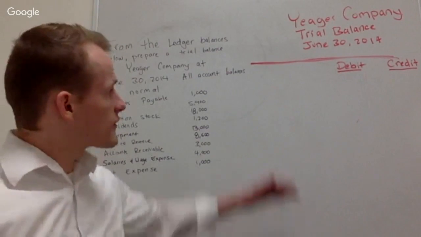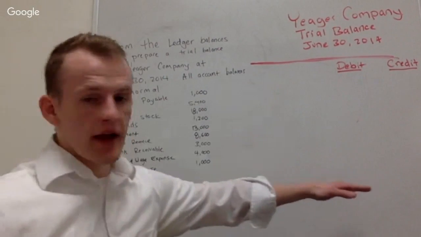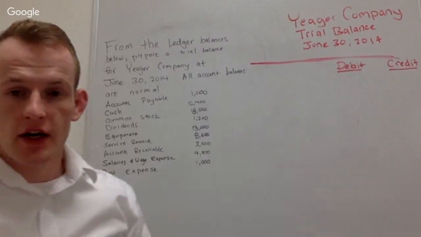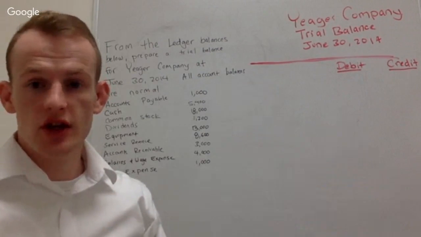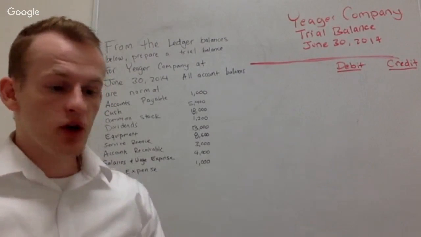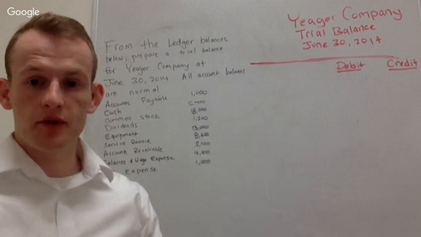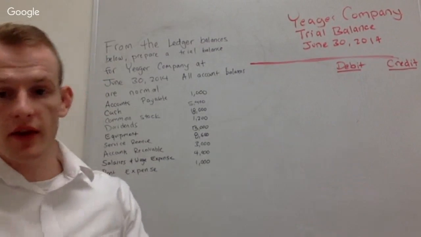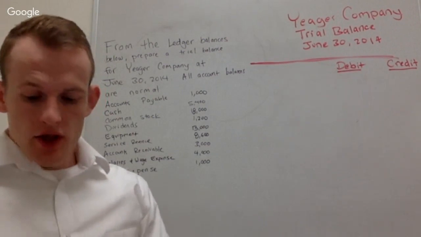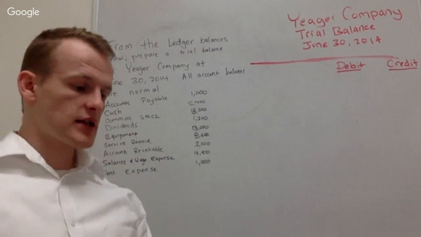Once we've sorted this out, we take a sum of each column. If we've done it correctly, those amounts should add up to be the same, which shows we've prepared the trial balance appropriately. So let's get started.